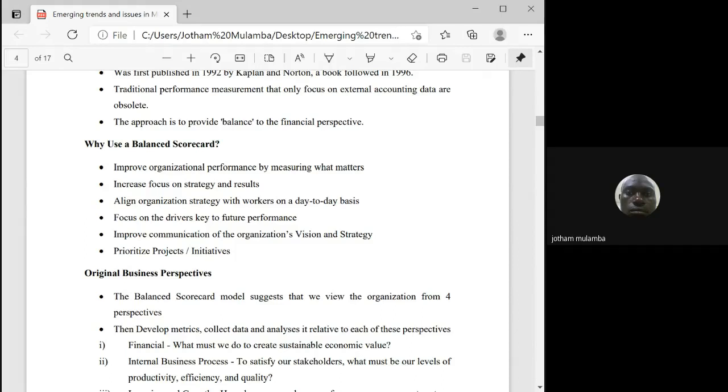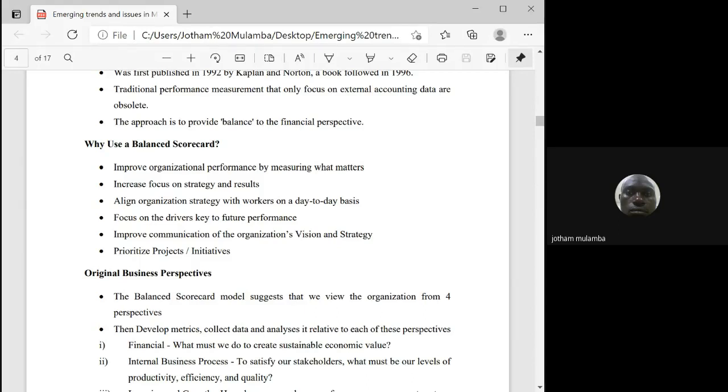Then another one, we align organization strategy with workers on a day-to-day basis. Once you have put in the balanced scorecard, each employee has whatever he is supposed to deliver for our organization. So it gives us ample time to align our organization to what we want to achieve.